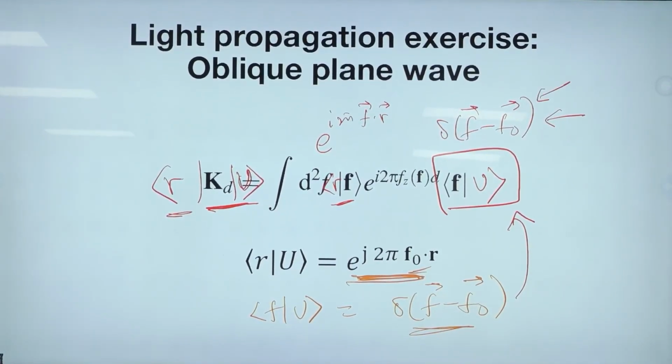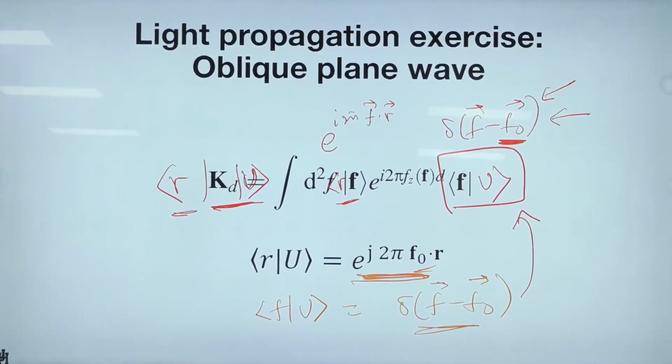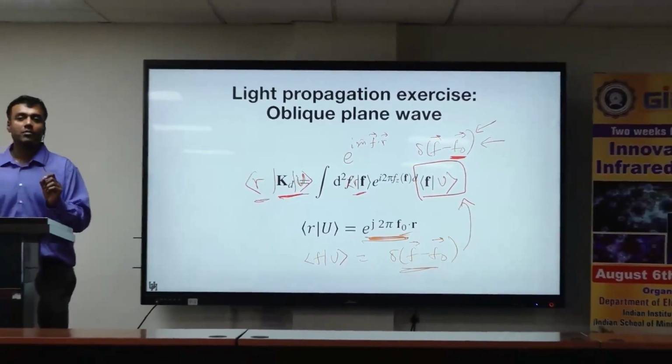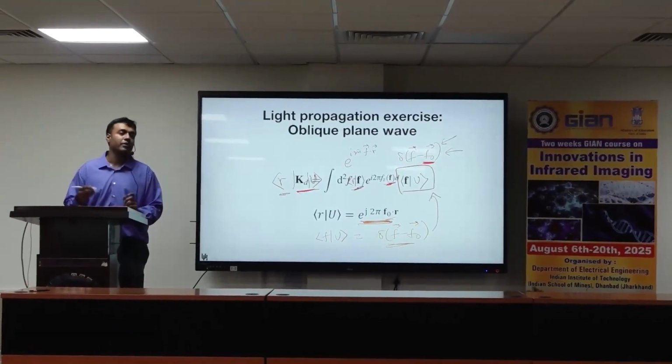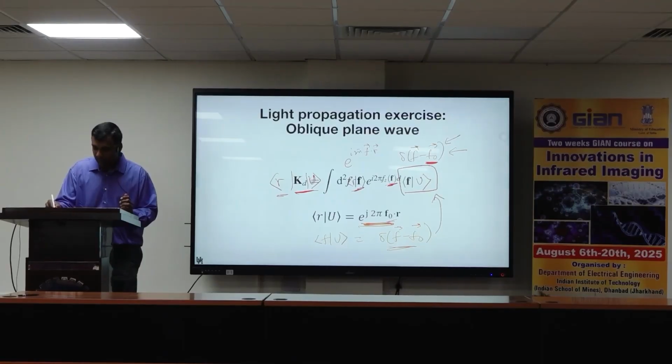Whenever you have a delta function inside an integral, you look at where the delta function is non-zero. Here, f equals f0, right? Substitute f equal to f0. Whenever you have f here, substitute f equal to f0. That's the answer, okay? So in this case, look at this expression over here.